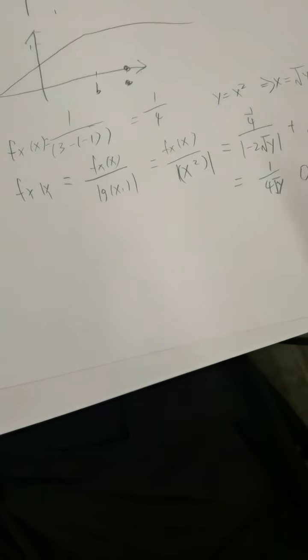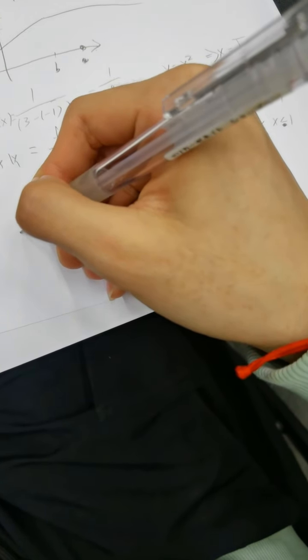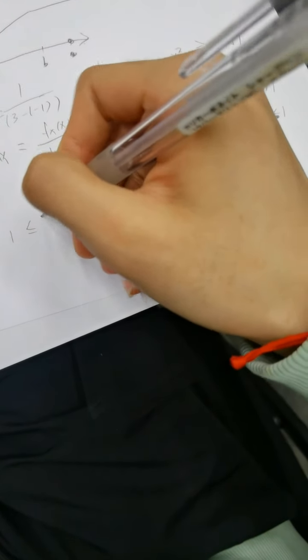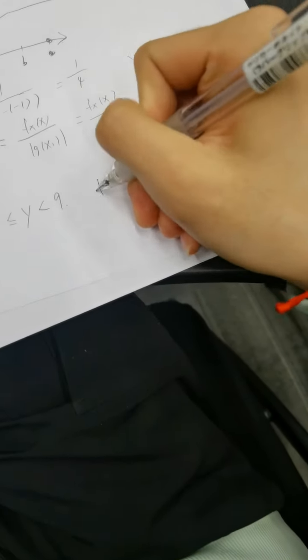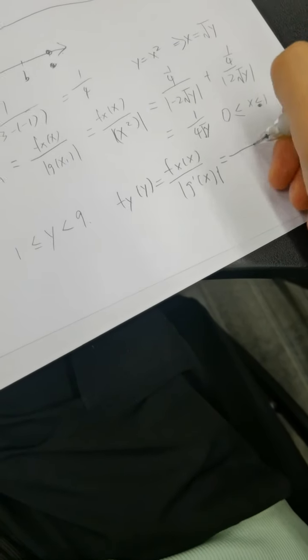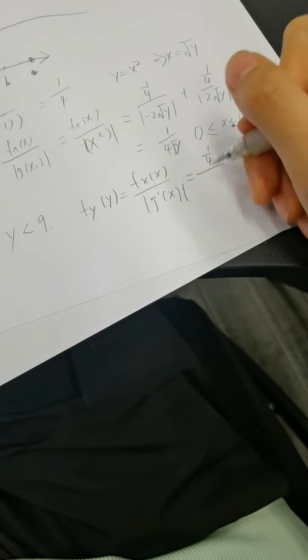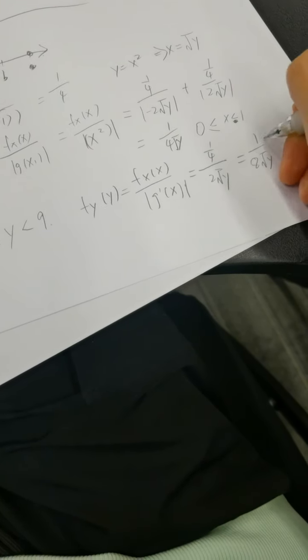When we get this part, we can calculate the other part, which is 1 to 9. If we want to calculate this part, we can use the equation shown above, directly put the values in here, and we get this one. So this is the true value we need for the small f(y).